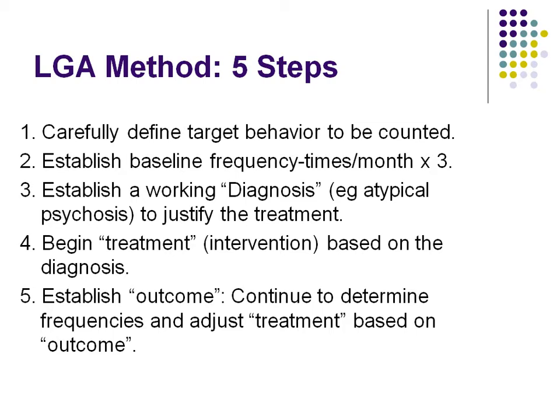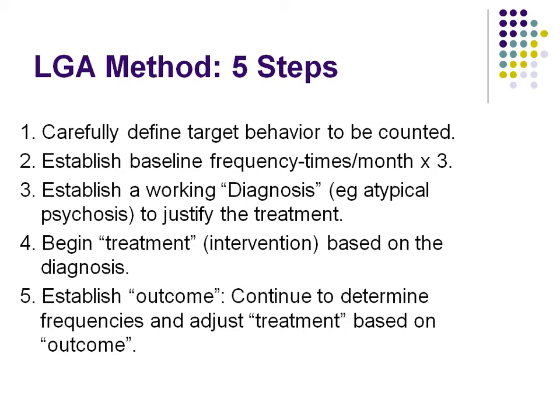It has to be a very carefully thought out definition of that target behavior that's going to be counted, and whoever's going to be counting it has to be trained in that, so there's an agreement on what an incident is.